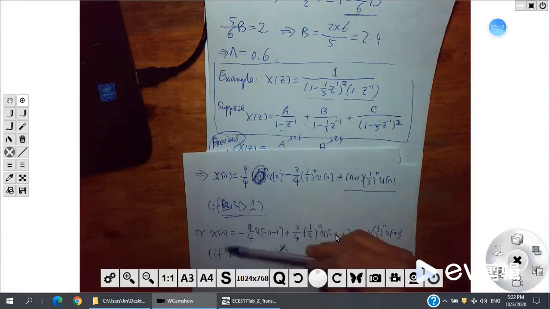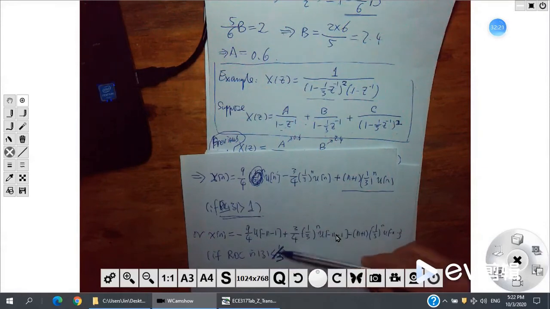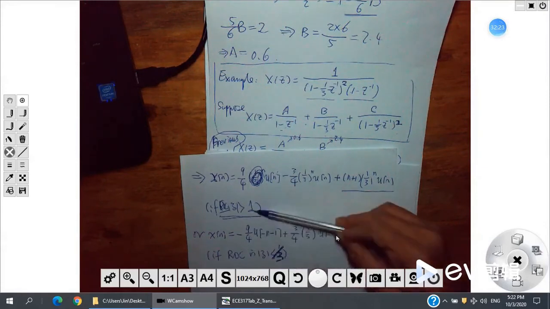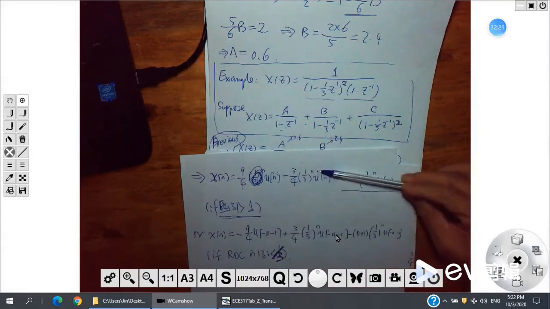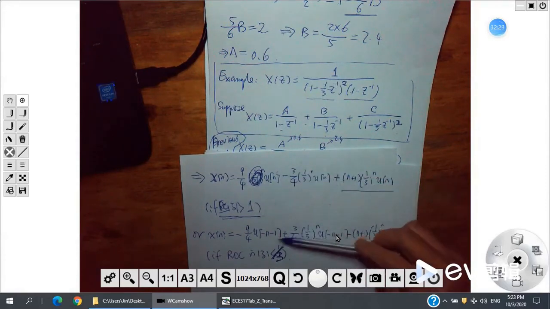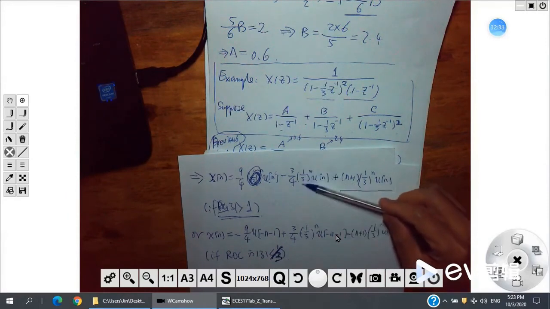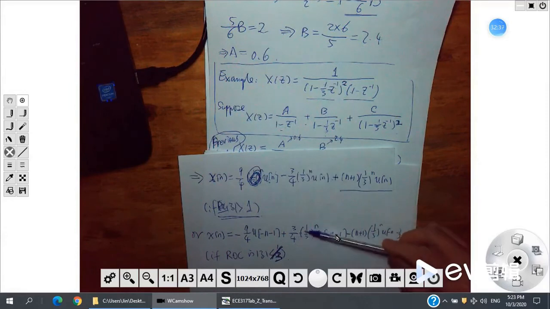For all of them, they are larger than 1, and all of them are smaller than 1/3. These are two different ROCs. The result, the coefficient, just changes the sign, and then the main part will be the same. Here's 1/3 to the n, 1/3 to the n, 1/3 to the n. This is 1.